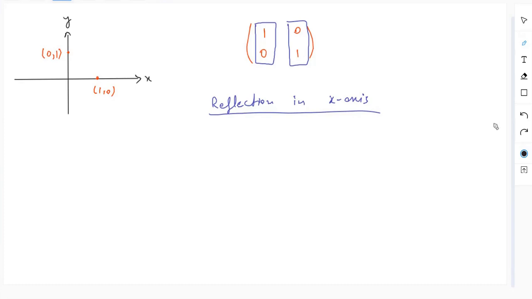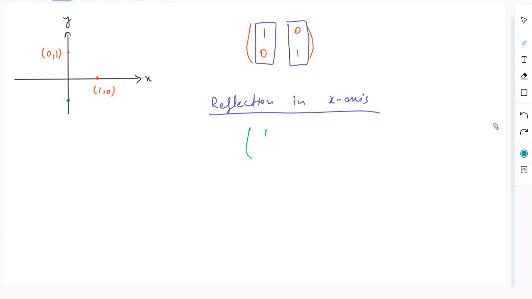तो reflection करने के बाद ये जो 1, 0 point है, what happens to that? This basically stays there. It remains 1, 0. What happens to this point 0, 1? ये दूसरा point है 0, 1. ये कहाँ चला जाएगा? It will move down there, and that will be 0, minus 1. Exactly, 0, minus 1.